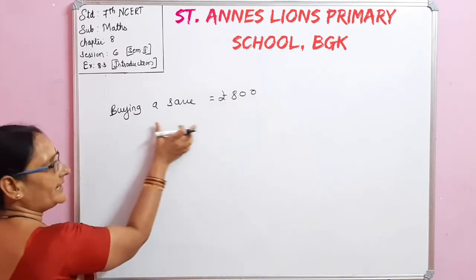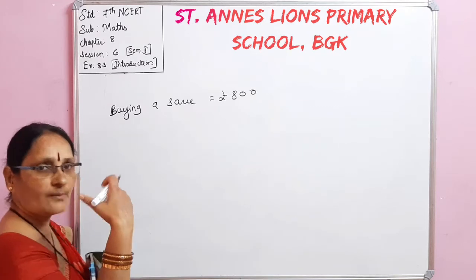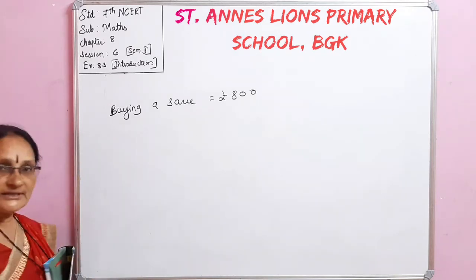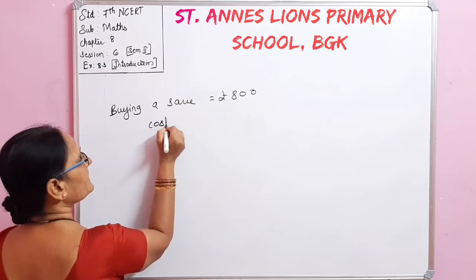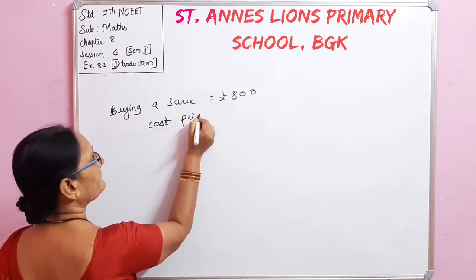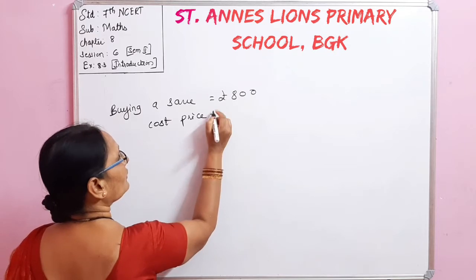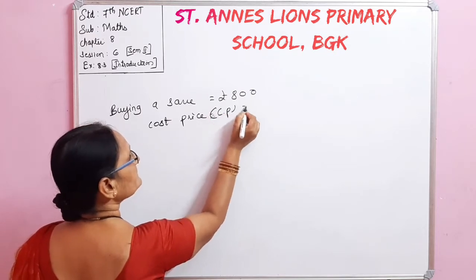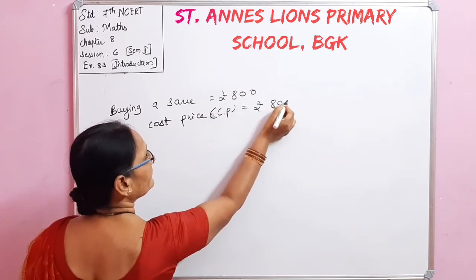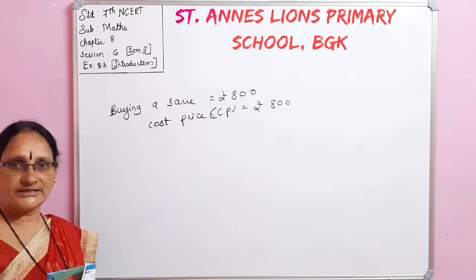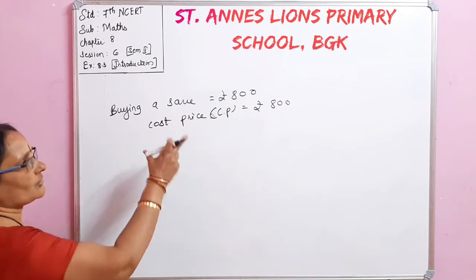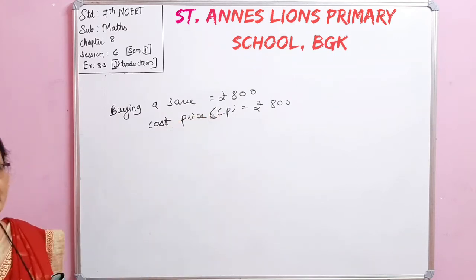I am giving the amount to the shopkeeper. This is called the cost price. Cost price, or CP, is rupees 800. Buying, I am purchasing, that is the cost price.